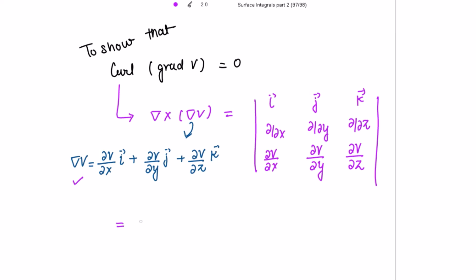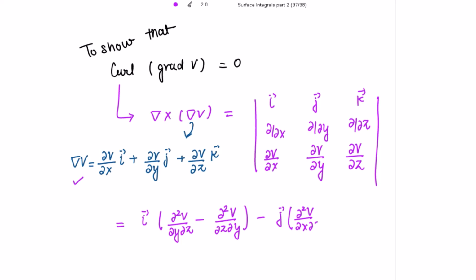And now solving this. So this is i vector, partial derivative of V with respect to y and z, minus partial derivative of V with respect to z and y, minus j vector, partial derivative of V with respect to x and z, minus partial derivative of V with respect to z and x, plus k vector, partial derivative of V with respect to x and y, minus partial derivative of V with respect to y and x, right?